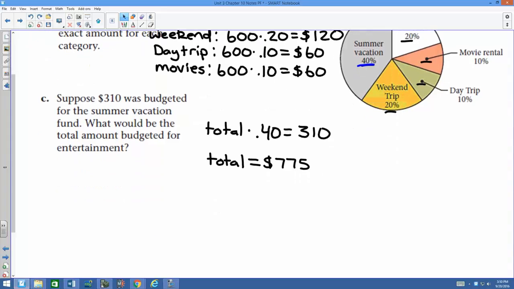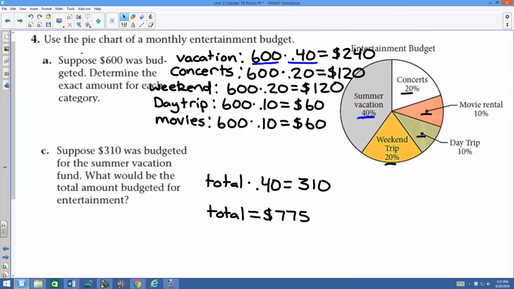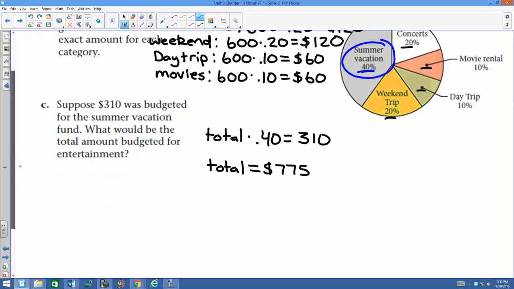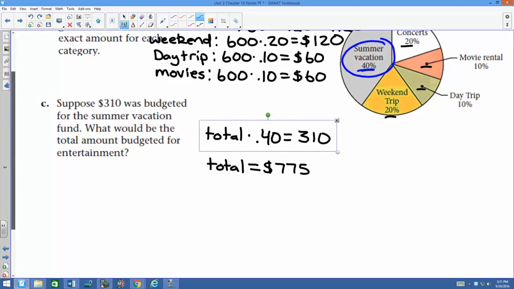Suppose 310 was budgeted for the summer vacation fund. What would be the total amount budgeted for entertainment? So the total times summer vacation. So I look back up here. Summer vacation was 40%. So I'm going to multiply the total by 0.40, and that would give me 310.